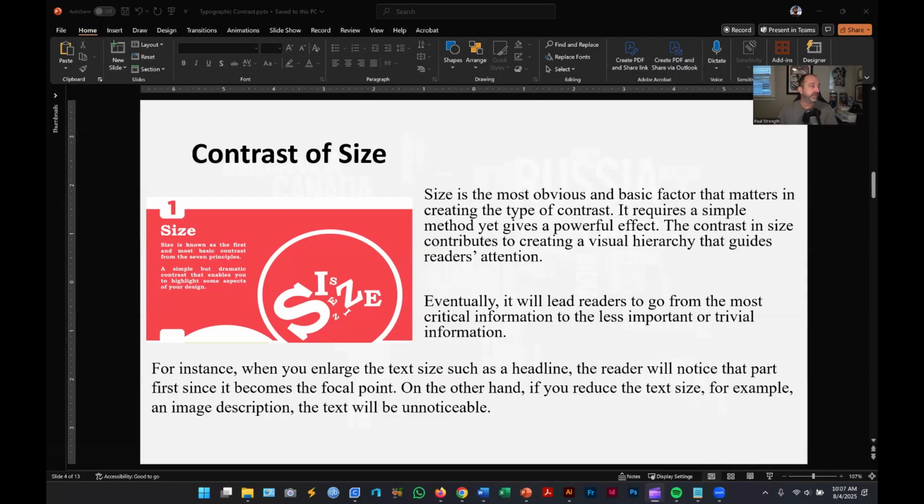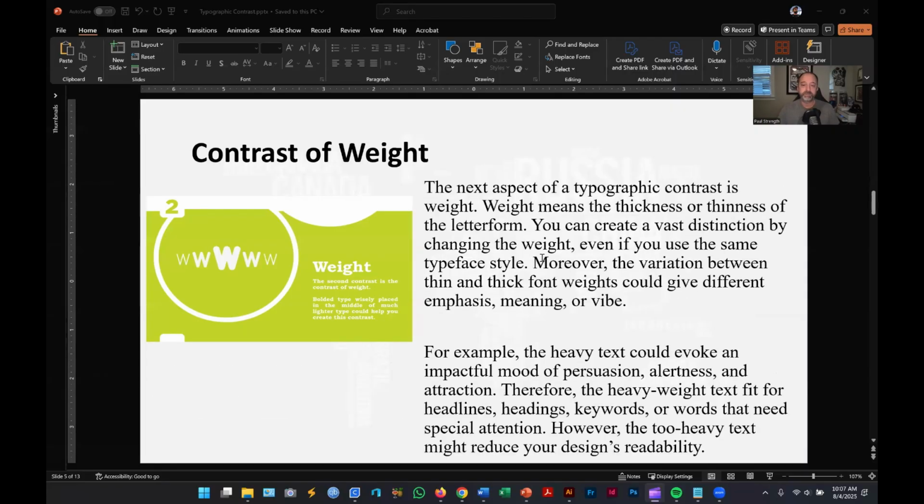Keeping that in mind, size is the most obvious and basic factor in creating typographic contrast. It requires a simple method, yet gives a powerful effect. The contrast in size contributes to creating a visual hierarchy that guides readers' attention.